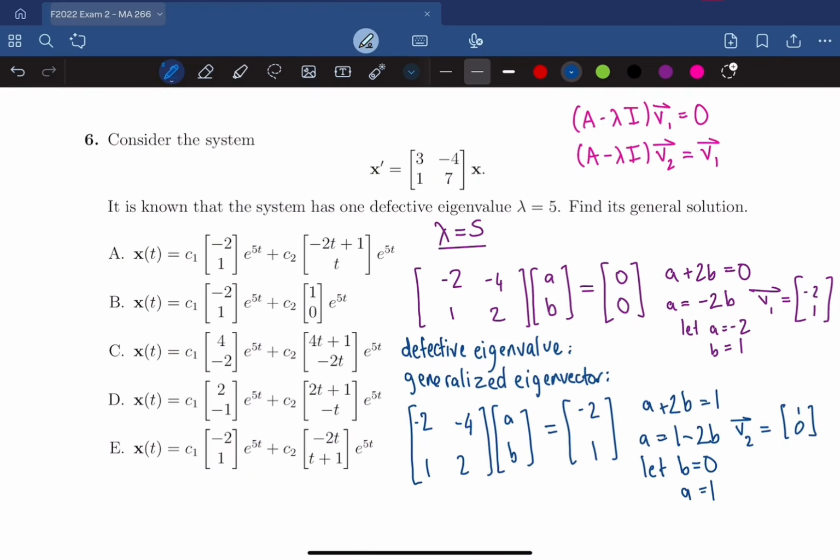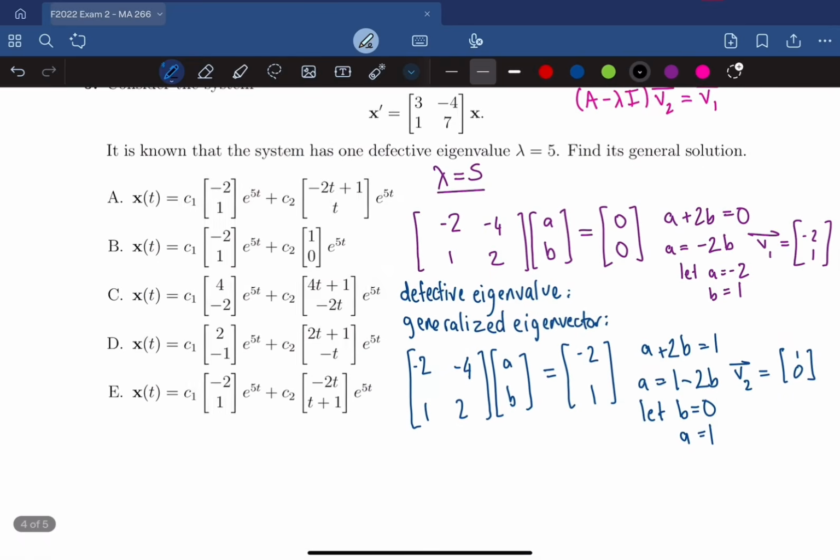Anyway, now we have our v1 and v2, and now we can calculate our general solution based off of that. This is what that's going to look like. We have x of t, and this is what our formula or form is going to look like for repeated eigenvalues.